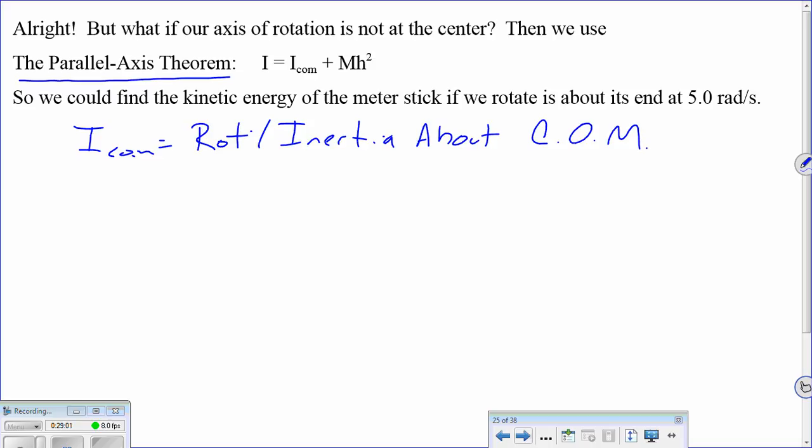If I knew the rotational inertia around this point, the parallel axis theorem doesn't help me any, because this isn't the center of mass. Follow? Now h is how far the axis of rotation gets moved.